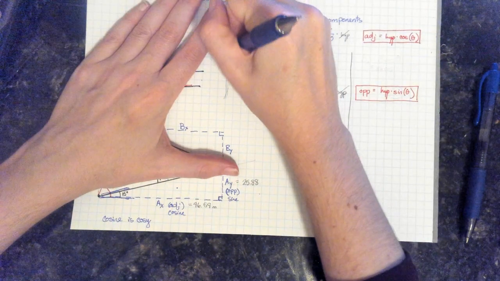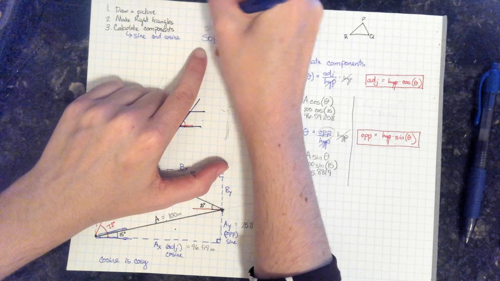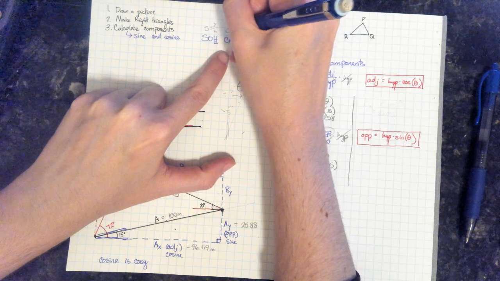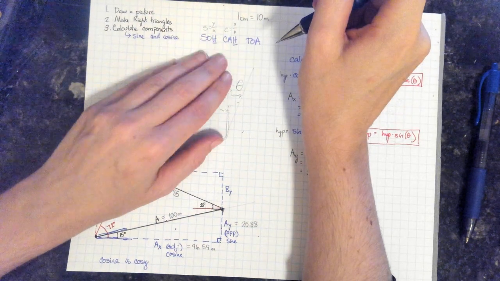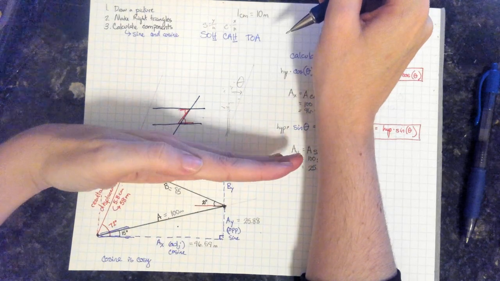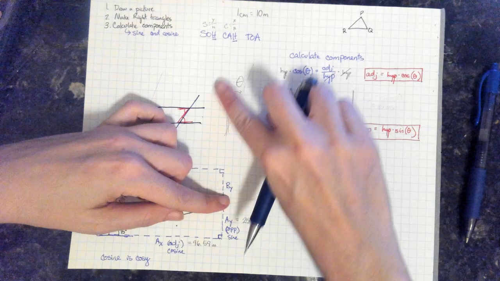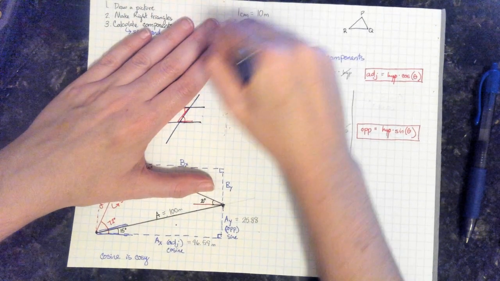Sometimes math teachers will give you sine equals y over the hypotenuse, or cosine equals x over the hypotenuse. That's good for math because math always gives you the angle from the horizontal. But in physics, we don't have to always have the angle from the horizontal.